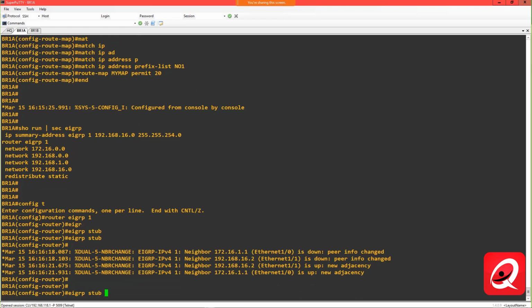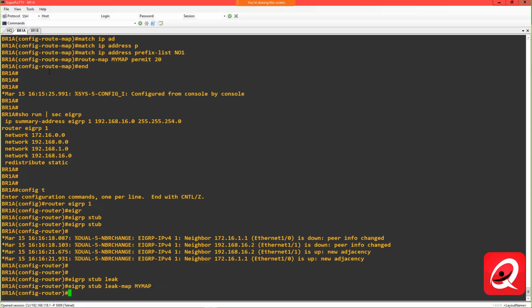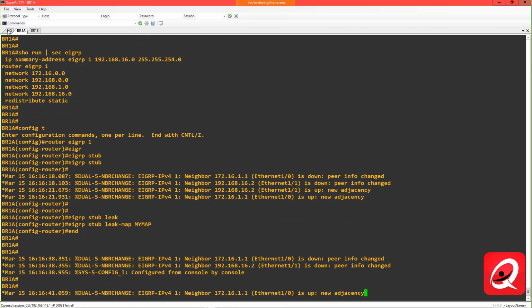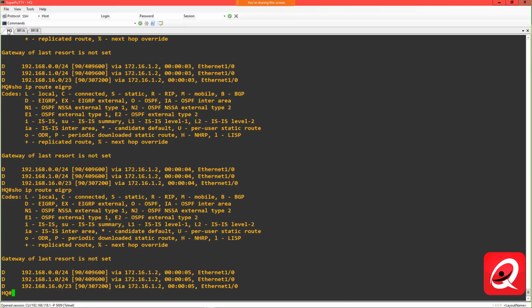So now if I apply the leak map, and we called it my map, to the process, hopefully, in this case, the one subnet goes away. So something is definitely not working here. And I know that this is the correct configuration.